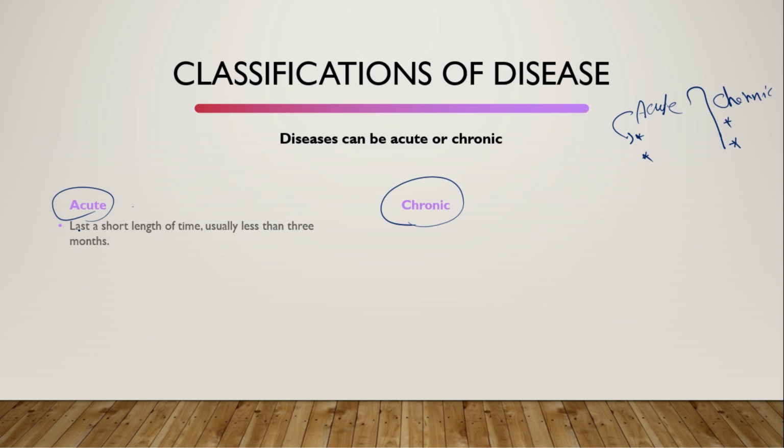Acute lasts a short length of time, usually less than 3 months, like COVID-19.